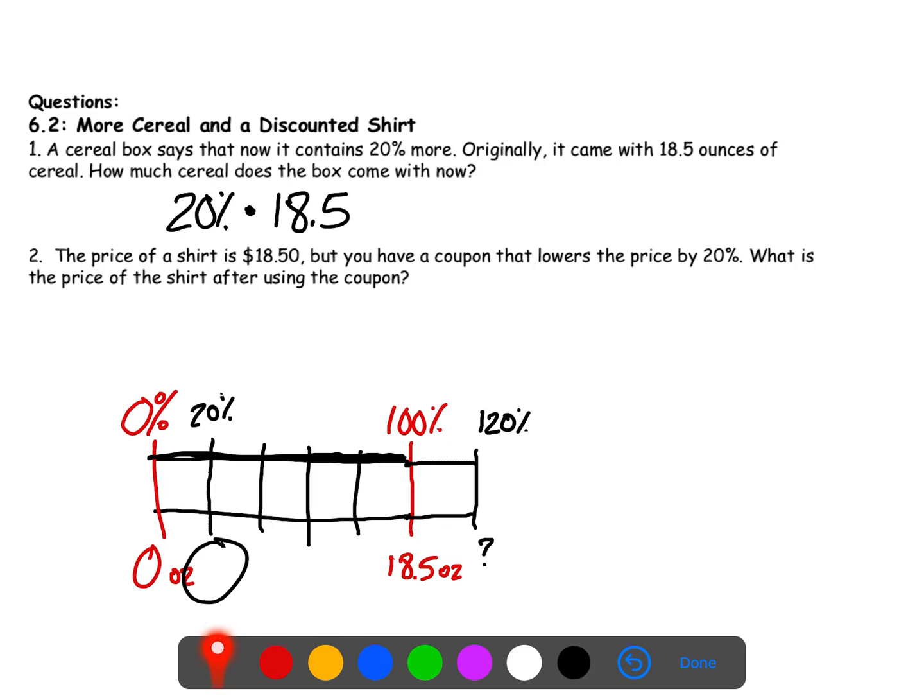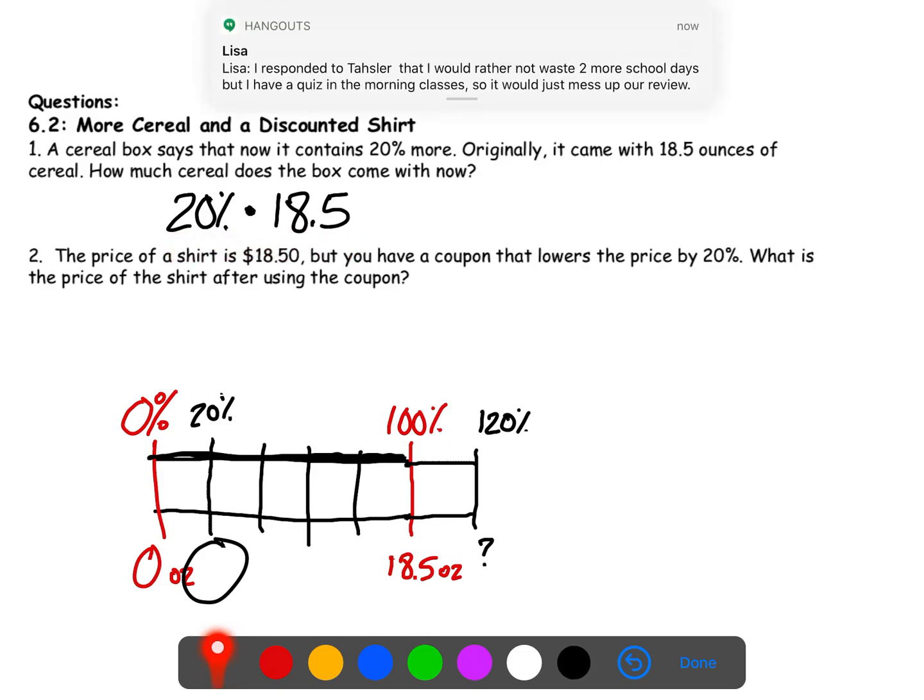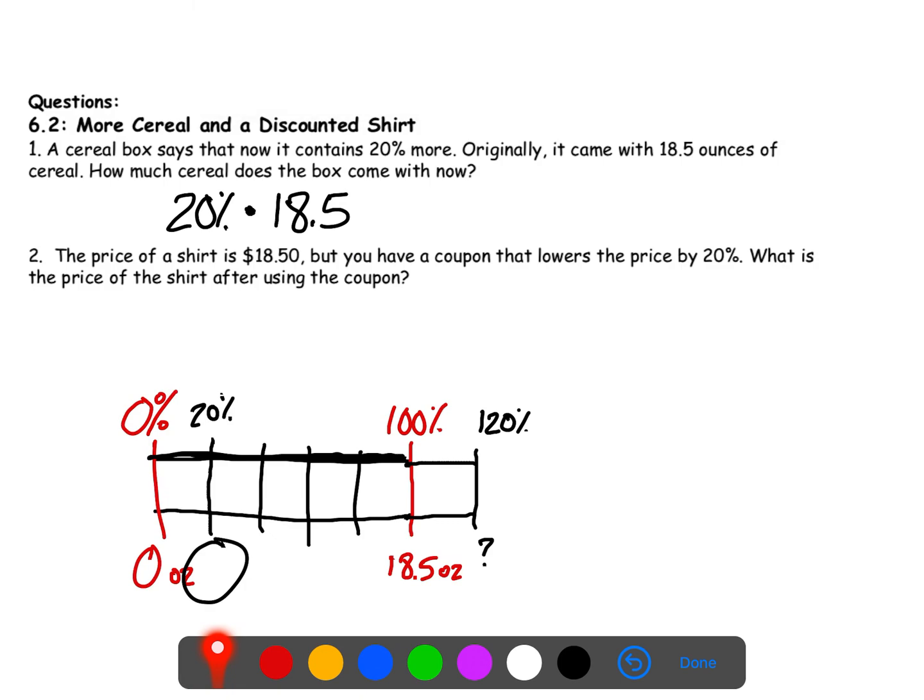But this is not 20 times 18.5, or we're going to get some huge number. Instead, what we're multiplying by is the decimal equivalent to this. Remember, this is 20 per 100, 20 out of 100, and that would actually be equivalent to 0.2, 2/10.